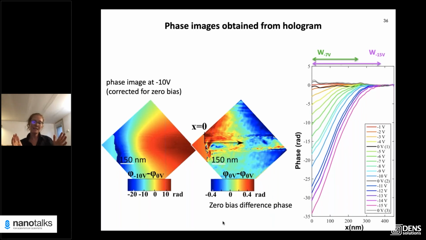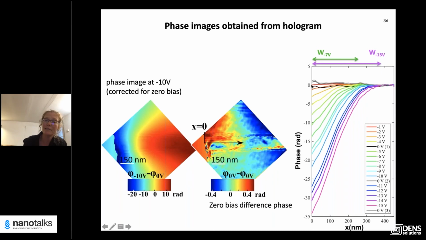An average phase image was reconstructed, and from this average phase at each bias, we subtracted the 0 bias phase to throw away all the contrast not related to electrical phenomena, right? So here you see examples of this 0 bias corrected phase image, for example, at -10 volts, and this is a 0 bias difference image, the difference between 0 bias images made at different moments to be sure that the object is not being modified over time.